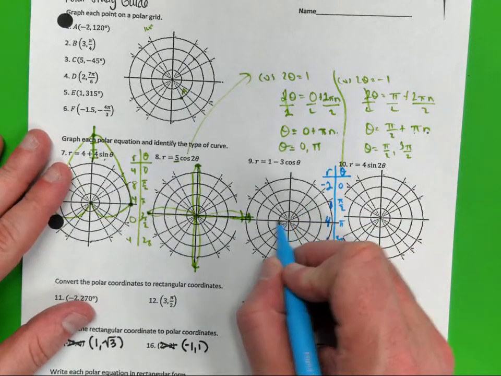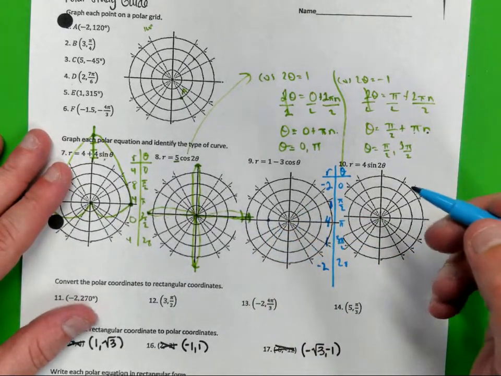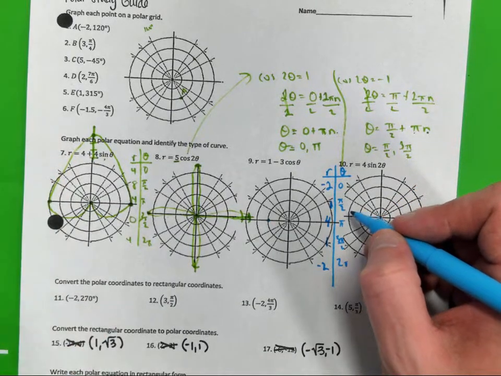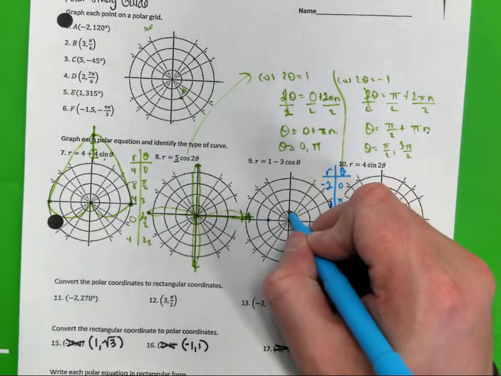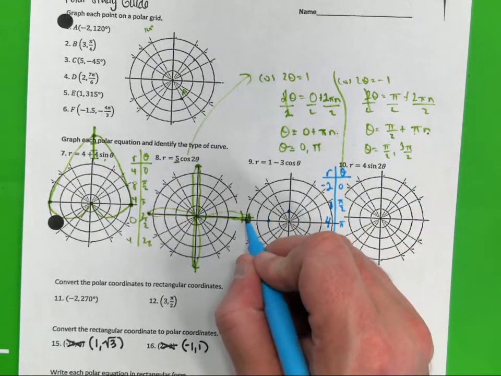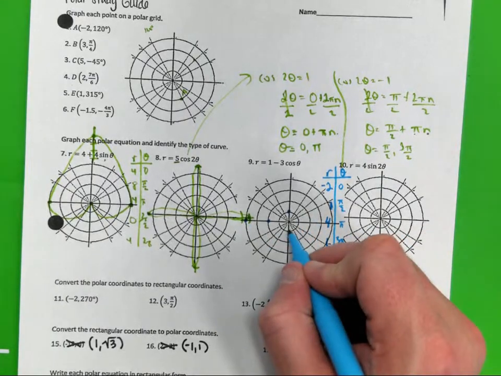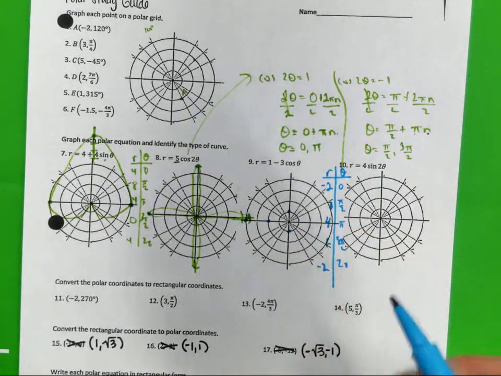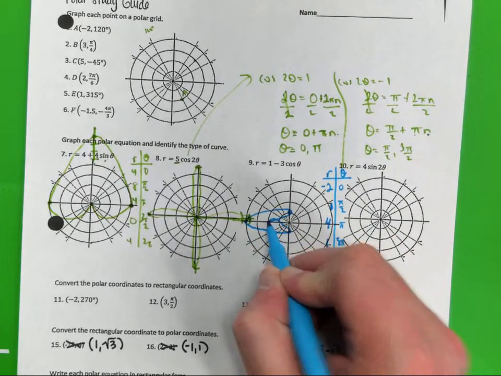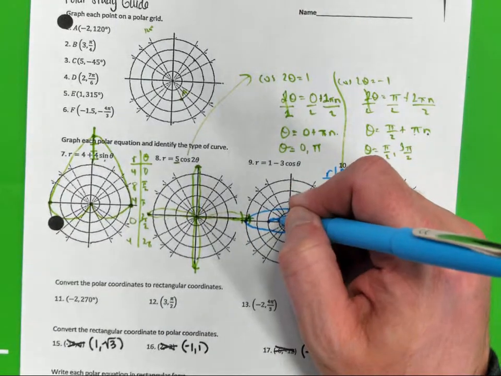So instead of going this way, I'm going to be going this way. I meant to do my little loop right there.